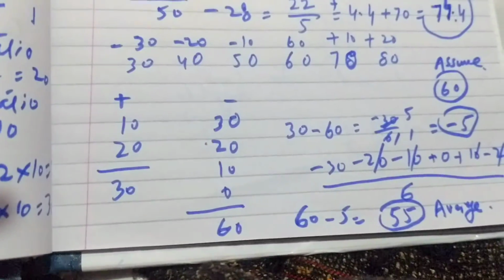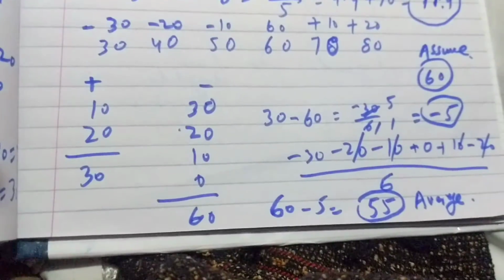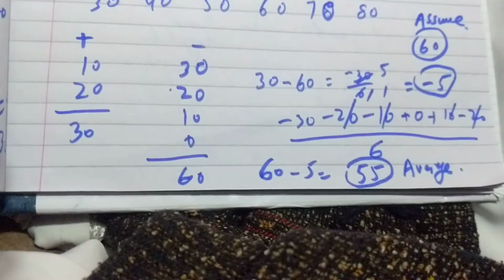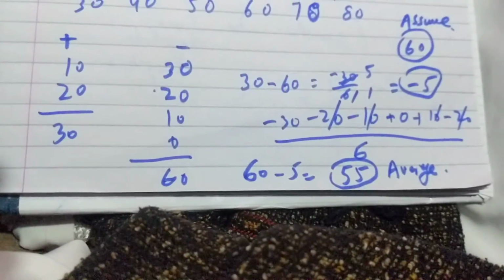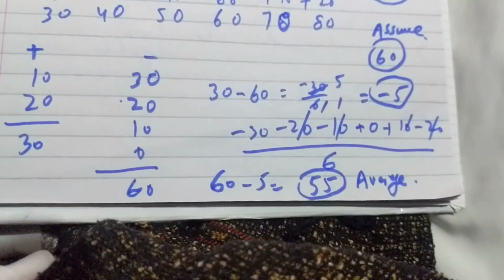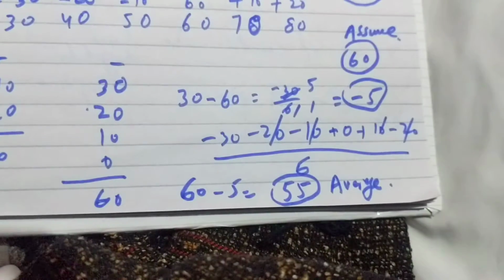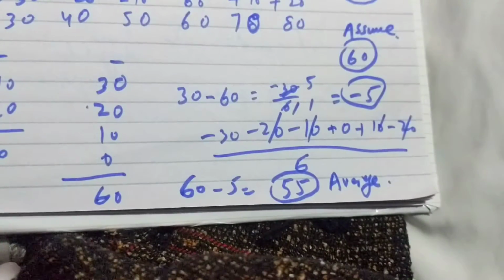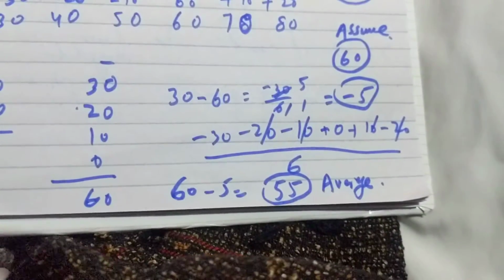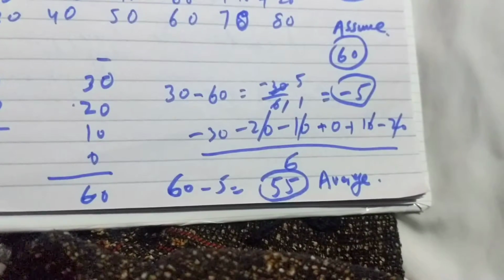By adding the same way, 10 plus 20 is equal to 30 with positive sign, and 30, 20, 10 and 0 is equal to 60 with negative sign. 30 minus 60 is equal to minus 30, when divided by the total number of values which is 6, the answer is 30 divided by 6 is equal to 5, which is with negative sign.